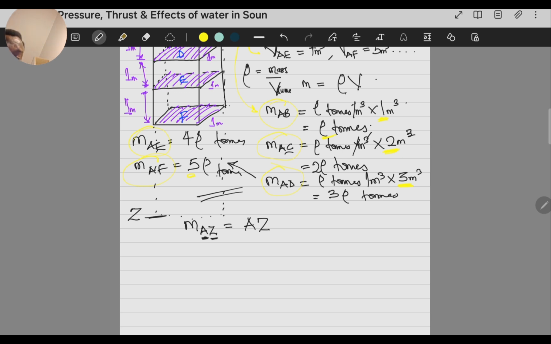So the height in meters times the density, which is the height of the liquid above the reference point, or we can simply say the depth times the density.